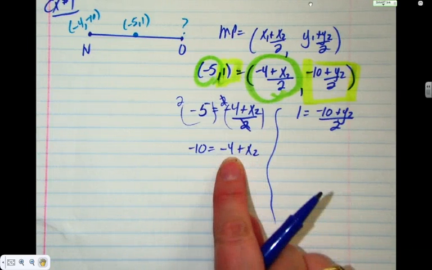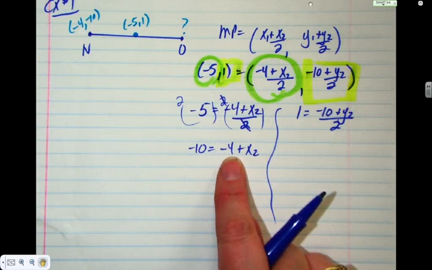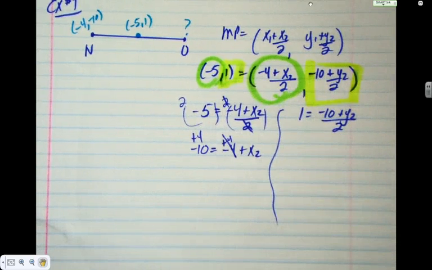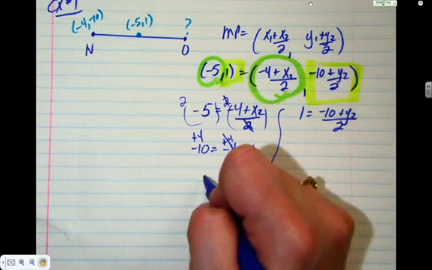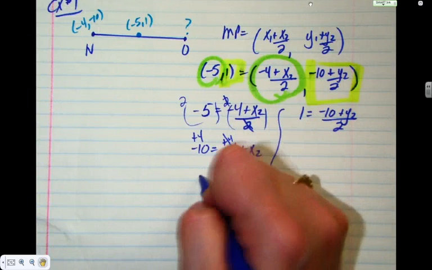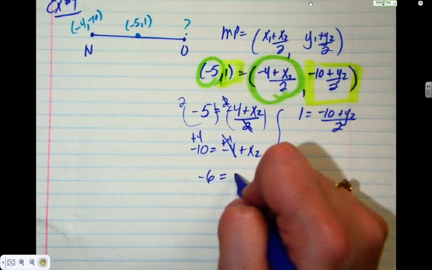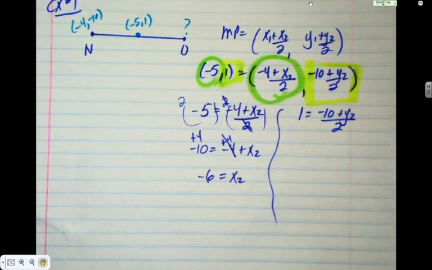How do I get rid of this -4? How do I move it to the other side? +4. So -10 plus 4 is -6, equals, on the right, x2, we call it.